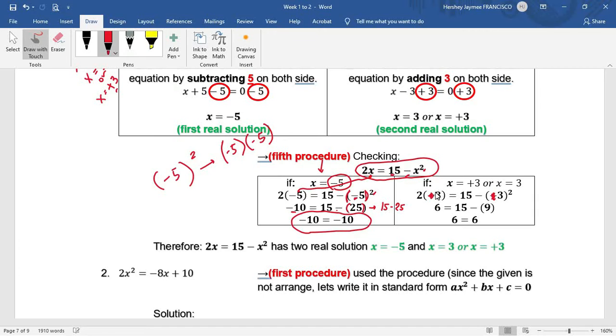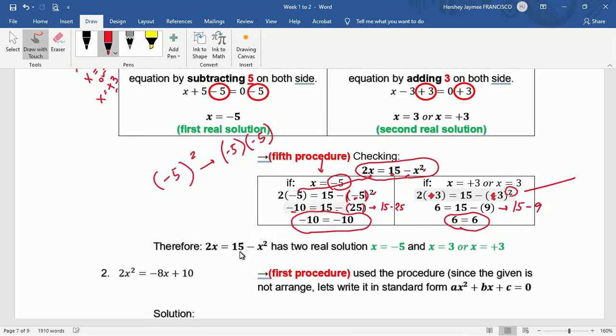Either way, you can write it or not. So, 2 times 3 is 6, is equal to 15 minus, you multiply it by itself because it is raised to 2. So, 3 times 3 is 9. When you remove the parenthesis, 15 minus 9, your answer is 6. The equation is balanced, therefore your answer is correct.